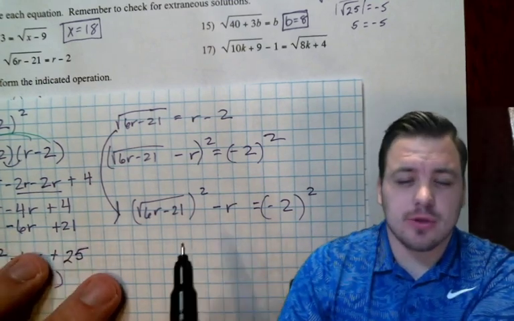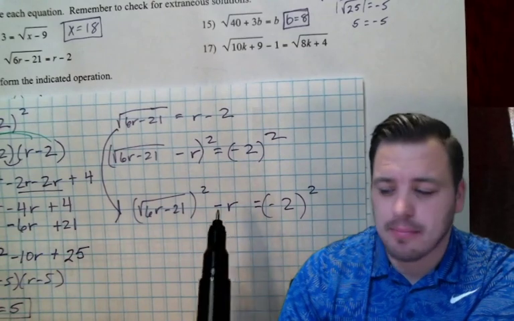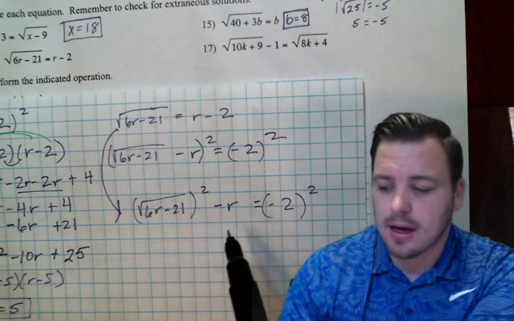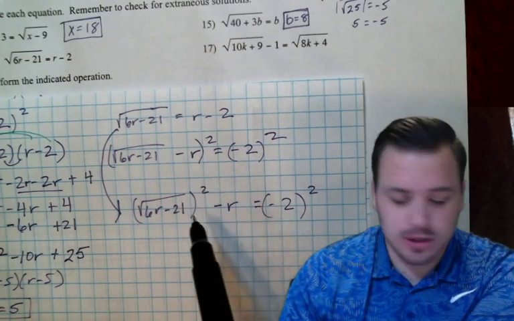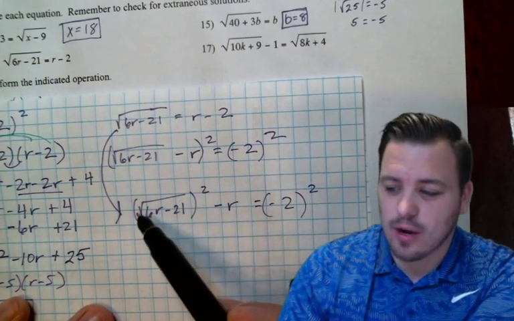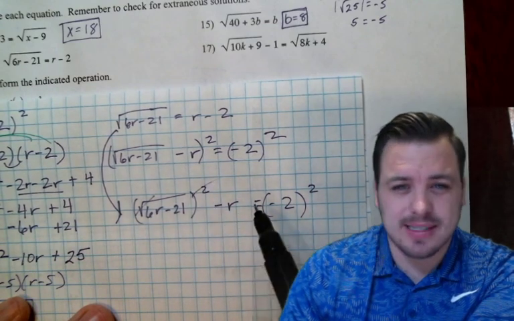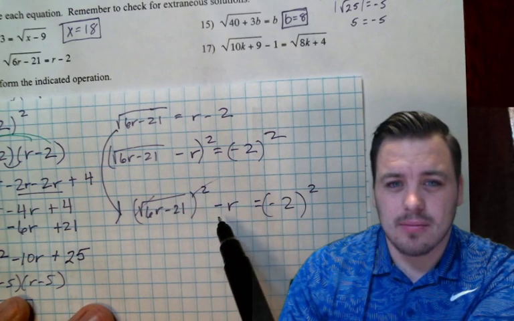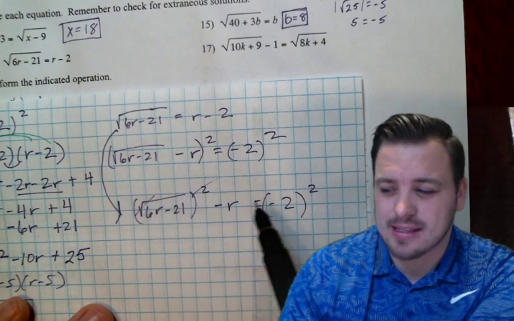Okay, so just to explain the mathematical reason why this shouldn't work. The square root and the square cancel there, but technically speaking, you just did it to this and not everything.